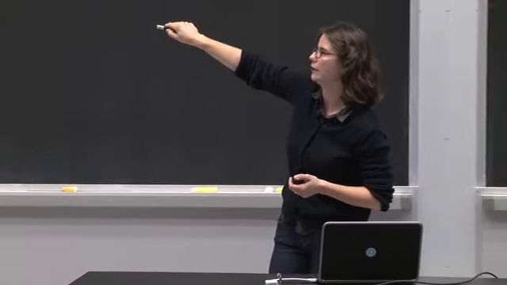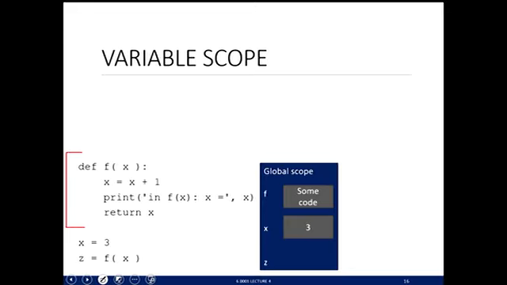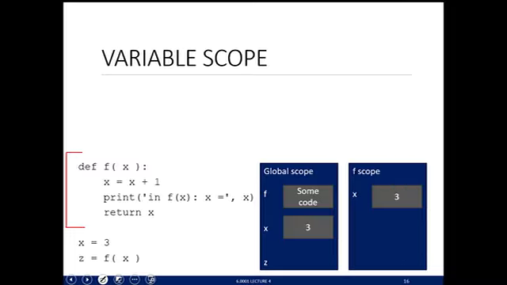Then you go on to the next line. x is equal to 3. So in the global scope, you now also have a variable x that is 3. And then the next line, z is equal to f of x, is a function call. As soon as you hit a function call, you create a new scope, a new environment. Okay?